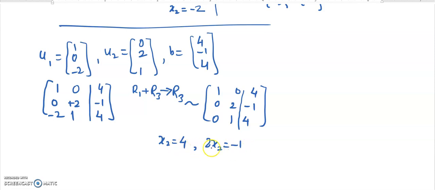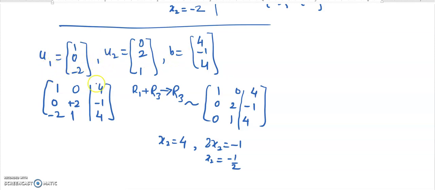So we get two different values of x2 in this case. So there is a conflict over here. For example x2 is equal to minus 1 by 2. So when there is a conflict between these two values, this means that the system is inconsistent over here. So we will say that B is not in the span of U1 and U2.